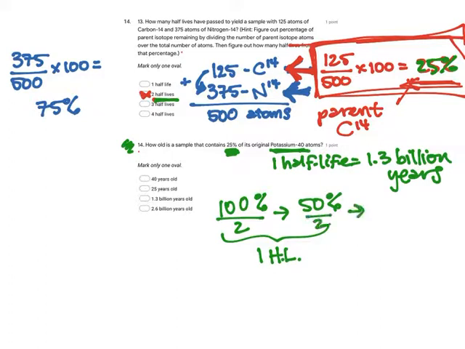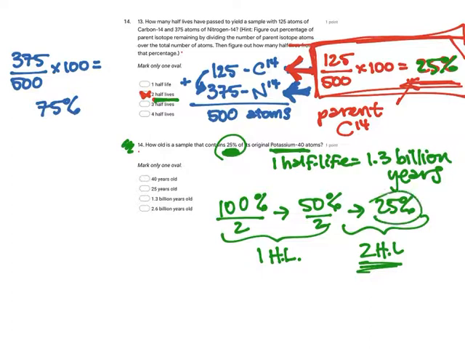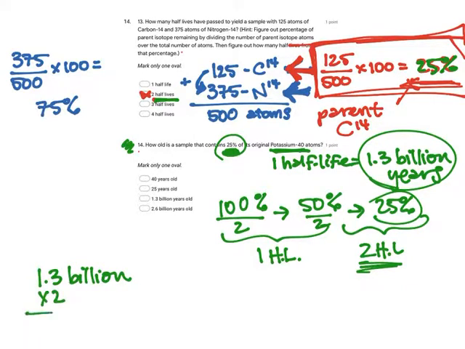This decays into 25% after 2 half-lives. So if 2 half-lives have occurred, because we have that 25% remaining, we need to multiply this number, 1.3 billion years, by 2 to figure out how old it is. So 1.3 billion years multiplied by 2 would be 2.6 billion years. So that should be our correct answer.